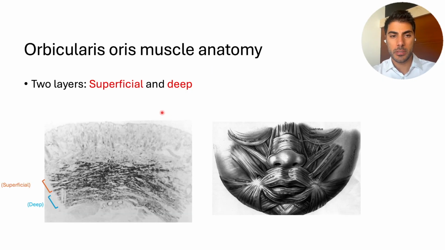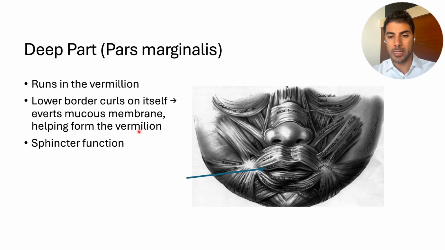So the anatomy of the orbicularis oris muscle, we have the superficial and the deep fibers. As you can see here, these are the deep fibers and the superficial fibers, which are interlaced, and we will explain shortly its significance. The deep part runs in the vermilion, so it runs in the red part of the lip.